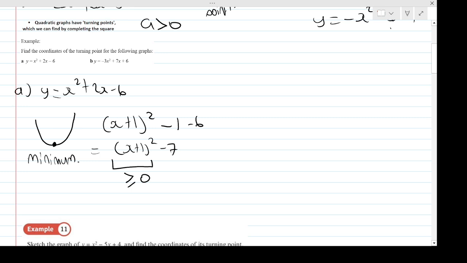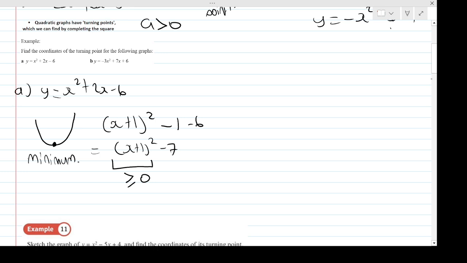Because x is in this bracket, it doesn't matter if x is negative, if x is 0, if x is a really large positive number, or really large negative. Absolutely any value of x, it does not matter because it's all squared at the end of the day. And that means we have a square number, which means it has to be at least 0, which is why we get this sort of inequality.